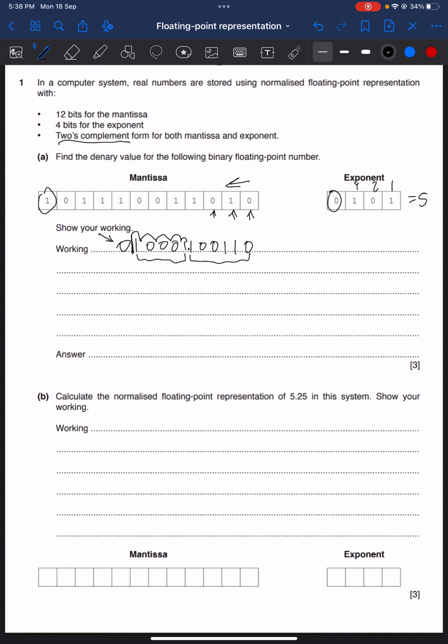To calculate the decimal, we go by the negative powers of 2. So the first one is 2 to the power of -1, 2 to the power of -2, 2 to the power of -3, 2 to the power of -4, 2 to the power of -5, 2 to the power of -6. Since there's a 1 in 2 to the power of -1, 2 to the power of -4, and 2 to the power of -5, we add them together.